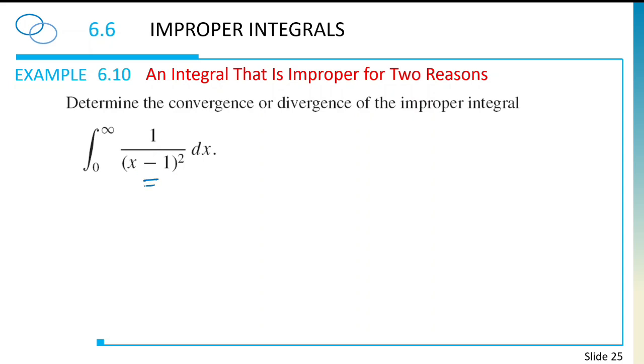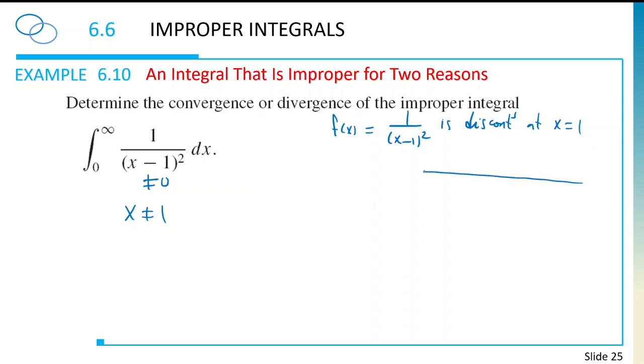Denominator can't be equal to 0, so x can't be equal to 1. So this function f of x equals 1 over (x minus 1) squared is discontinuous at x equals 1. So it has an issue at 1.